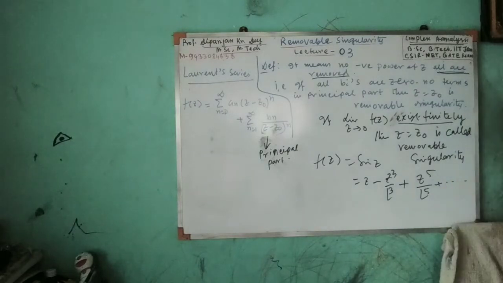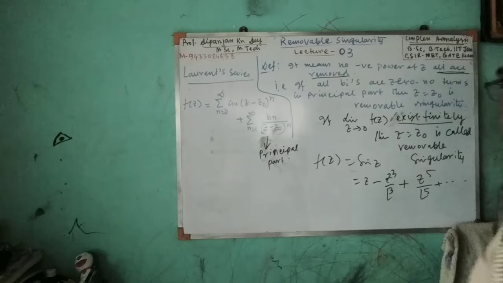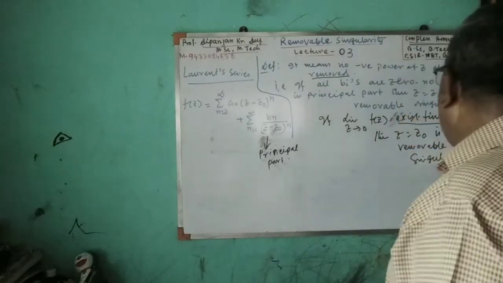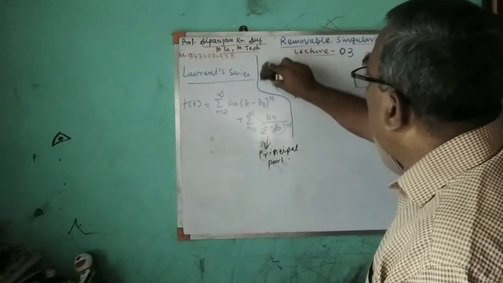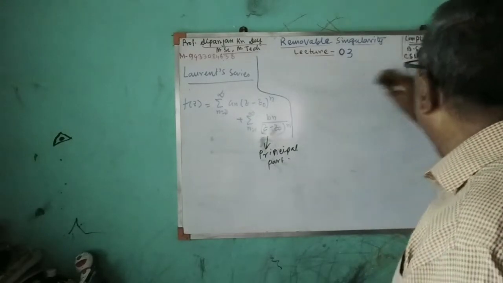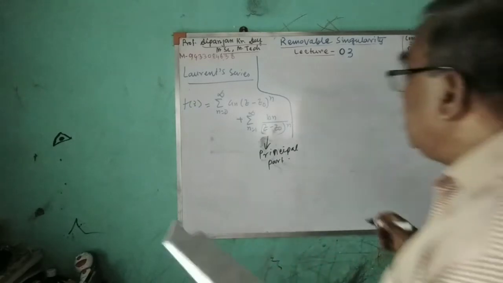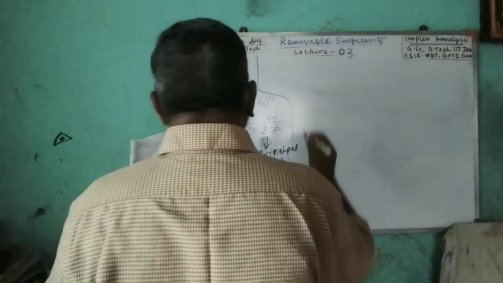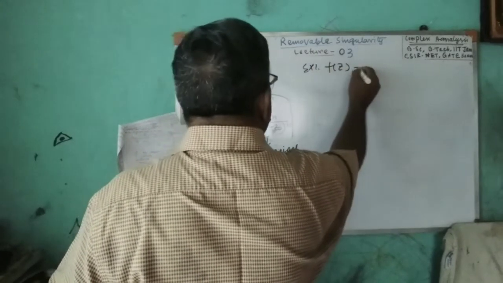Now I am taking some examples of removable singularity. Example 1: suppose f(z) is equal to sin z by z.